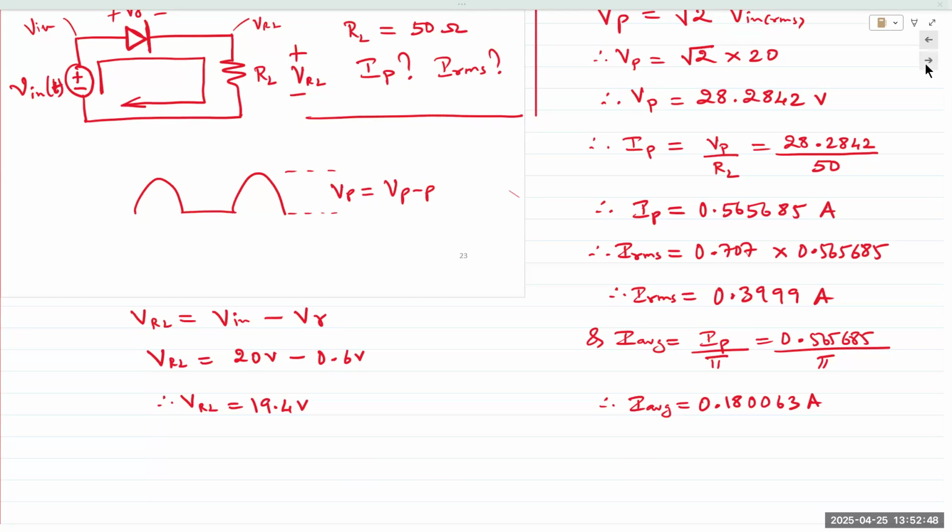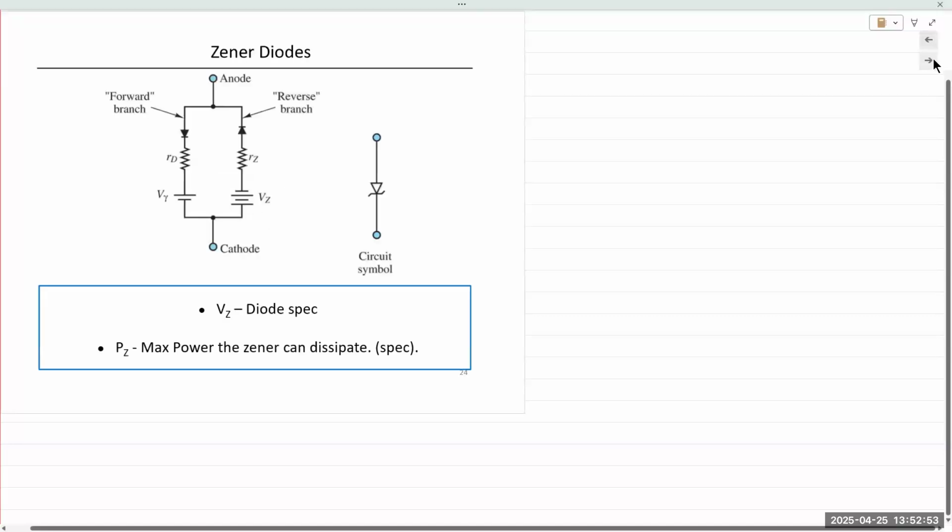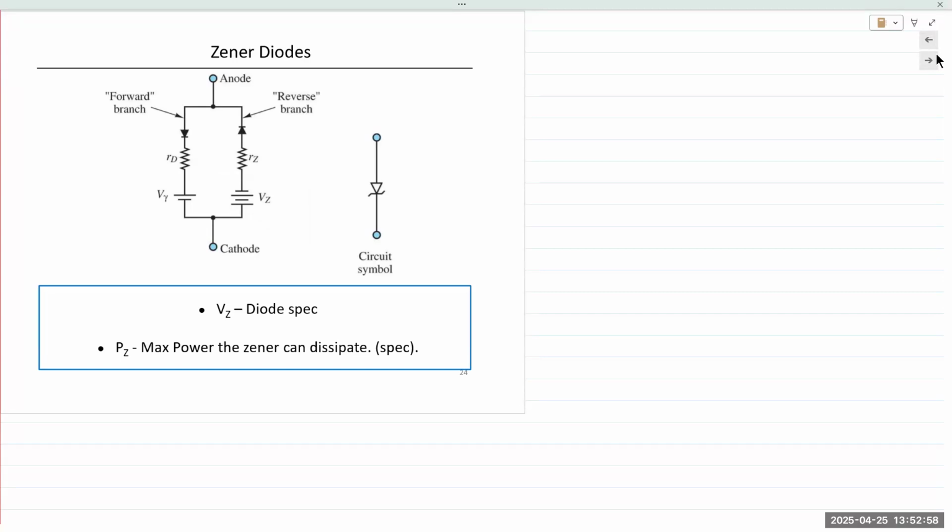All right, let's see. I want to please introduce Zener diode in the time we have left. Okay, Zener diodes. We referred to this a bit when we were looking into fundamentals of semiconductors, right? You have a p-n junction diode. When you create a p and n junction without applying any bias, when they come into contact, holes and electrons cross over, they recombine, and there's a region that is created in the middle that is known as the depletion region because it is devoid or depleted of all charge carriers.